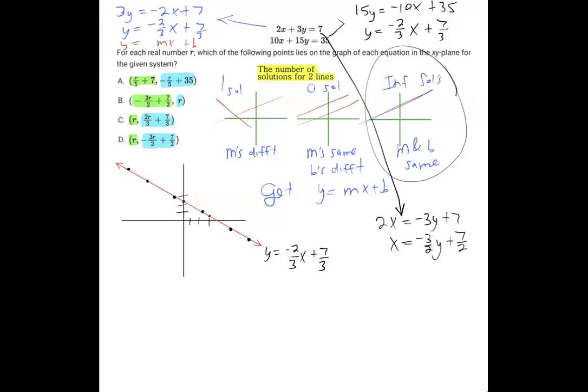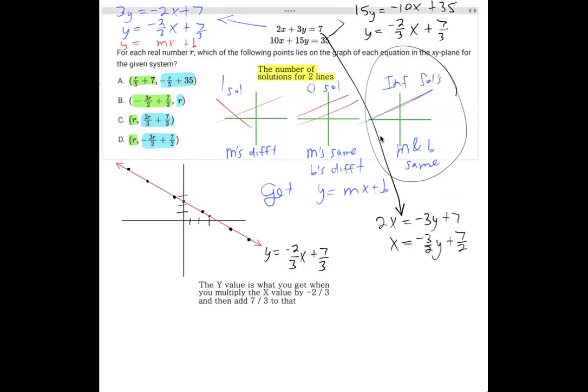So if we look at that first equation, we can read it as the y value is what you get when you multiply the x value by negative 2 over 3 and then add 7 over 3 to that. So that is our verbal statement saying that y is what you get when you do all this stuff to x.